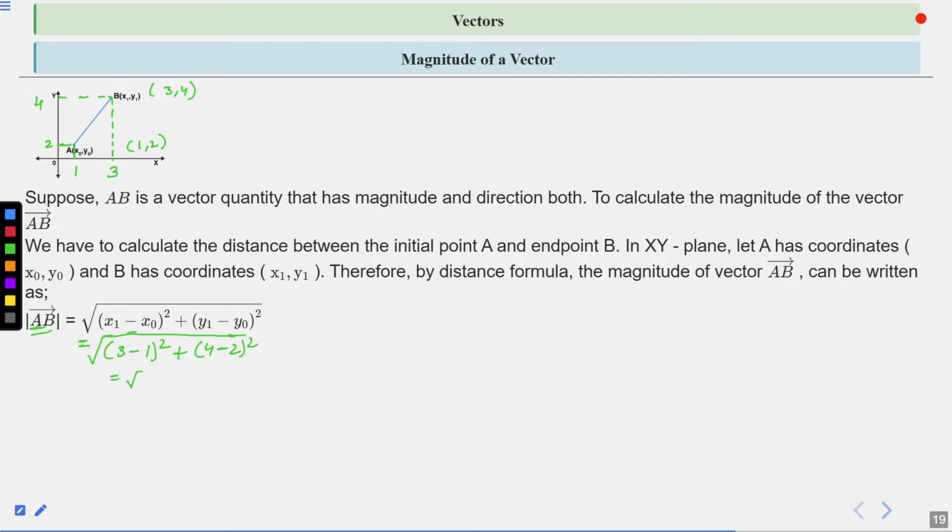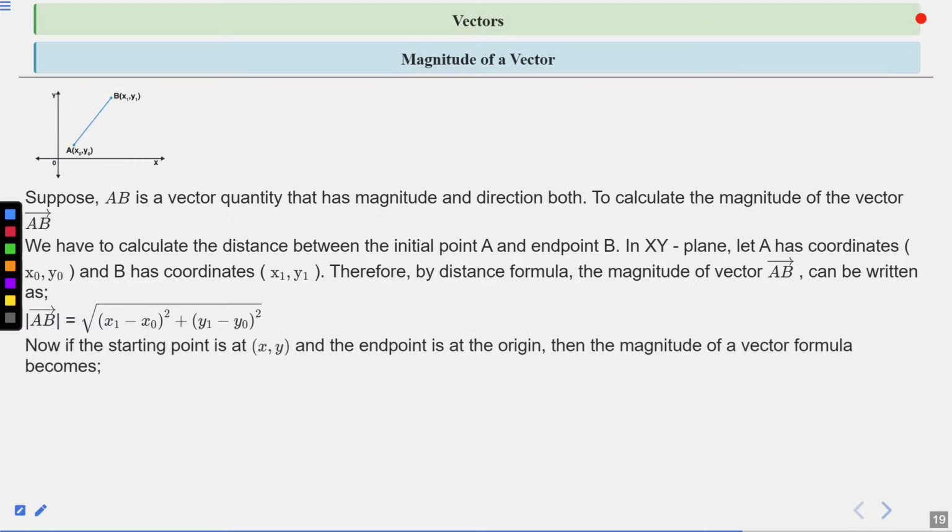Under the root, 2 squared plus 4 minus 2, 2 squared. So it will be 4 plus 4, so it is root 8, or we can say 2 root 2. So using this formula, we can calculate the magnitude of the vector.